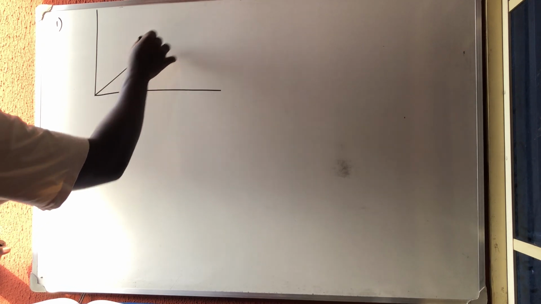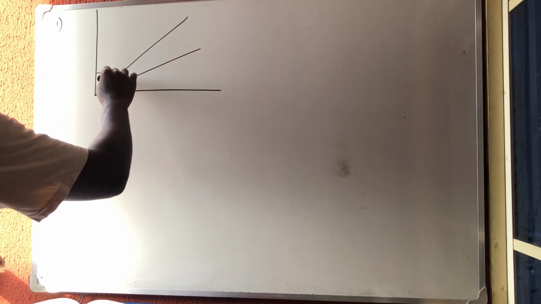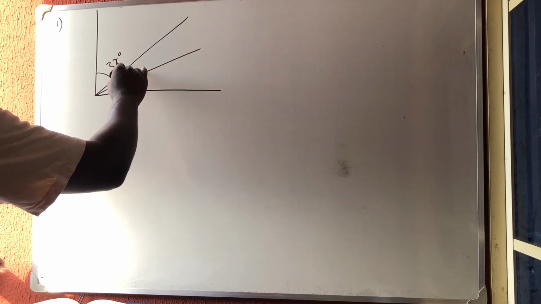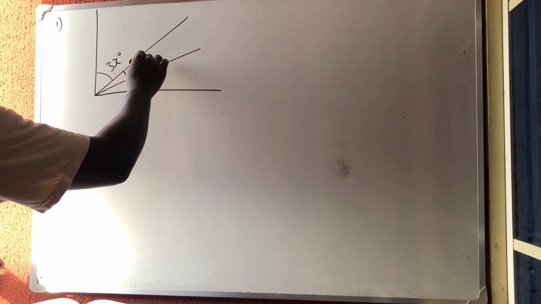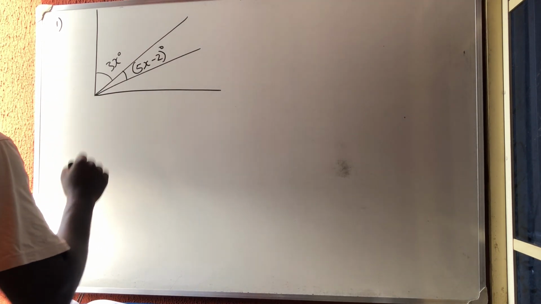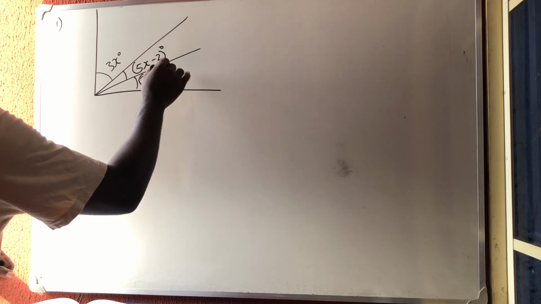So the first question we want to solve, question number 1, is giving us a right angle, and I have this. They said that here is 3x degrees. They said that here is 5x minus 2 degrees, and they said that the last one is 2x minus 2 degrees.